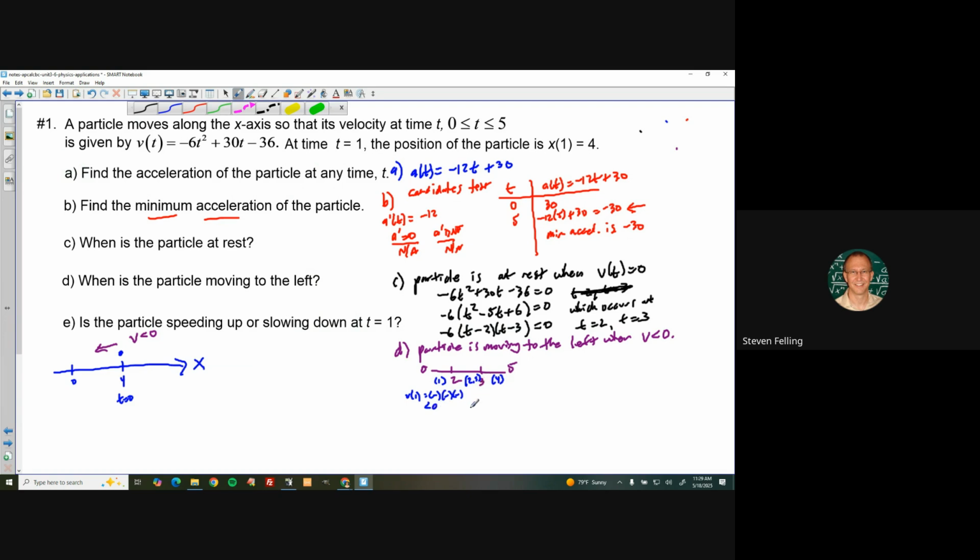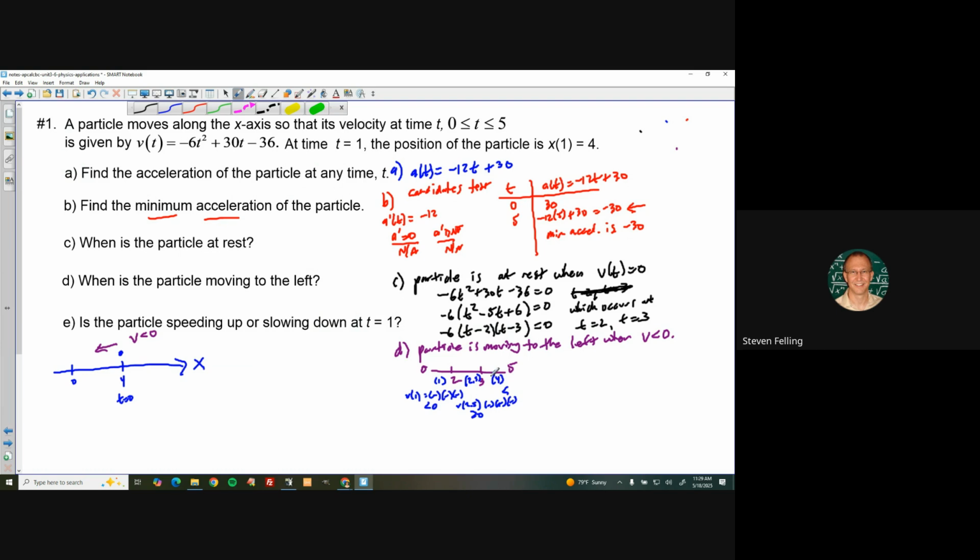If you plug 2.5 in here, the velocity at 2.5 would be negative times 2.5 minus 2, which is positive, and then 2.5 minus 3 is negative. So that would actually be greater than 0. And then you can plug in 4 and find that that's less than 0. So you could do a number line test if you didn't have a calculator, if it was on a non-calculator part.